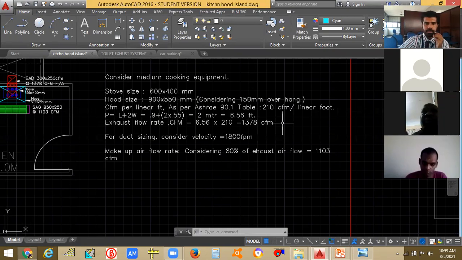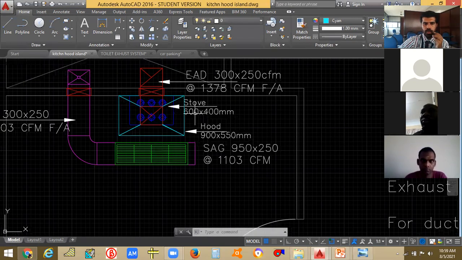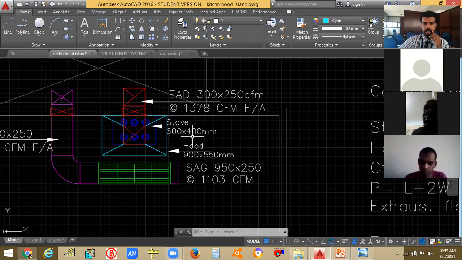Okay. Now see this. The stove we know already. The stove size is already given, only 600 into 400. By using the overhang formula by the ASHRAE method, we found the hood size is equal to 900 into 550. Right? So our first step is over. So we found the hood size. After finding the hood size, we will be finding the CFM.